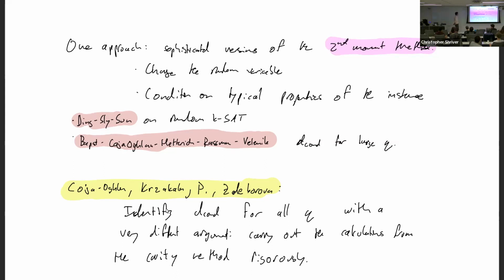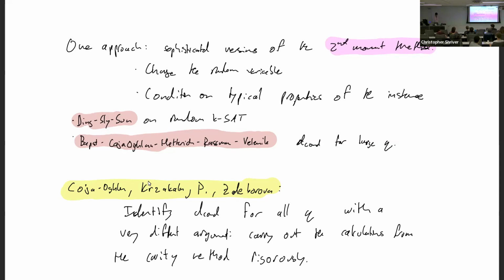The other thing you can do is condition on typical properties of the instance. It might be that when your degrees, say, are very unbalanced, this contributes a lot to the second moment of the number of colorings and helps it blow up. But that doesn't happen with high probability, so condition on the high probability event that your degree sequence is nice, and then do the second moment from there.